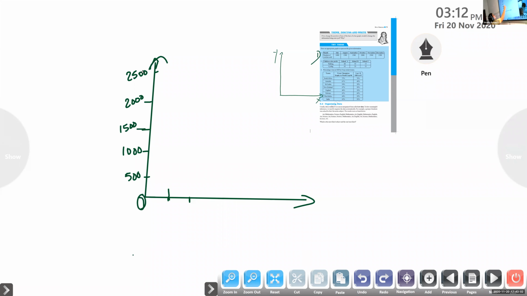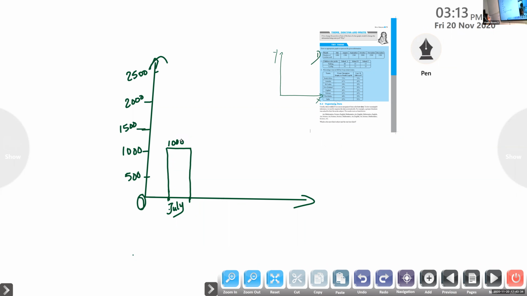Okay, now for the month of July, number of watches sold is 1000. So first bar is 1000. Can write it is 1000.